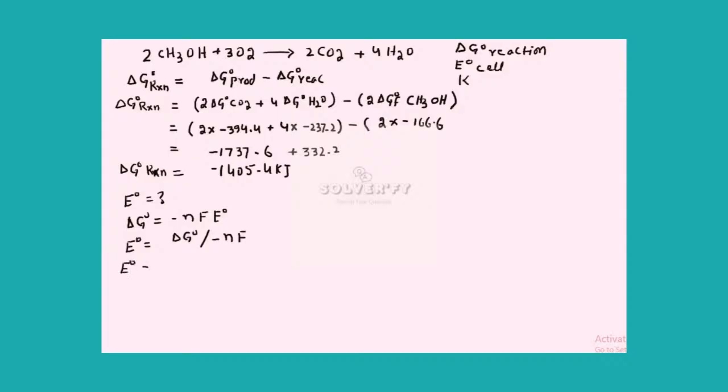So E naught of the cell is equal to delta G naught, where delta G naught is minus 1405.4 kilojoule. To change the kilojoule into joule, we will get minus 1405400 joule.